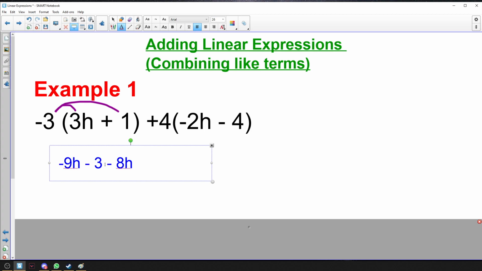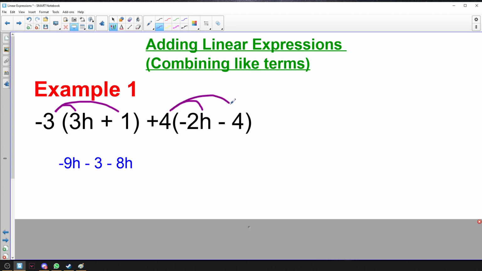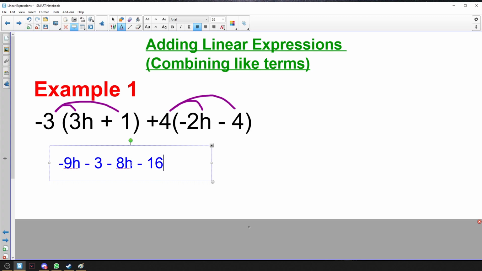On the other side, I have positive 4 times negative 4, and we know that a negative and a positive makes a negative. So 4 times minus 4 will give me minus 16.